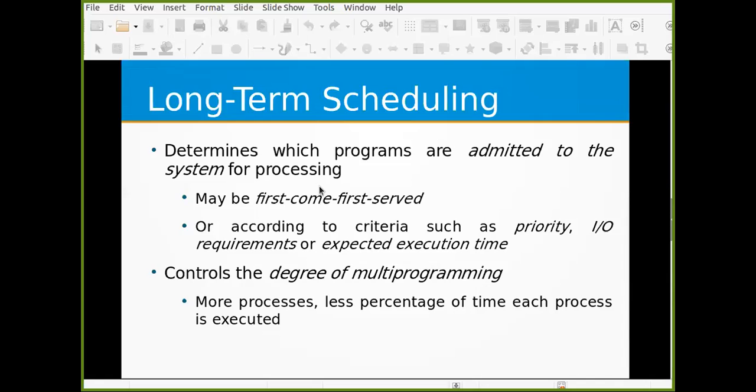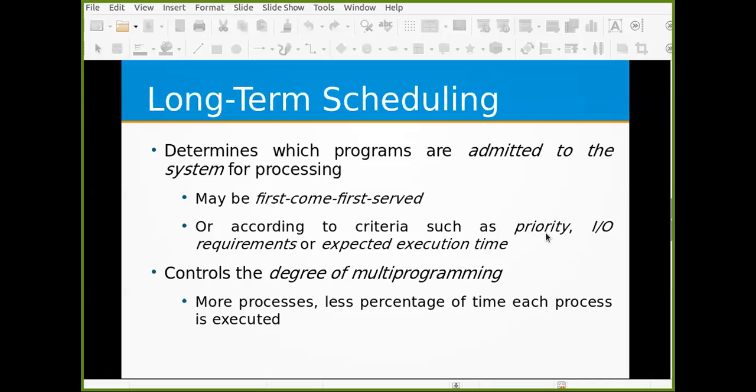Or if not FCFS, what else can it be? Or according to criteria such as priority, IO requirements, or expected execution time. Now, priority, still it can be understood that, okay, fine, priority can be known before.